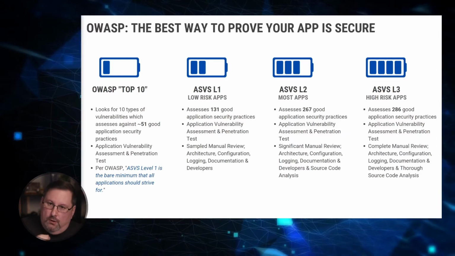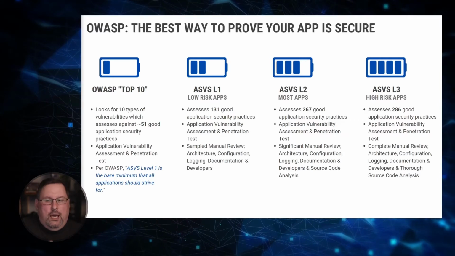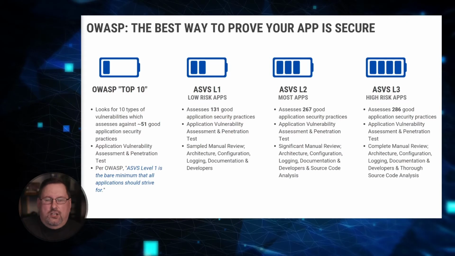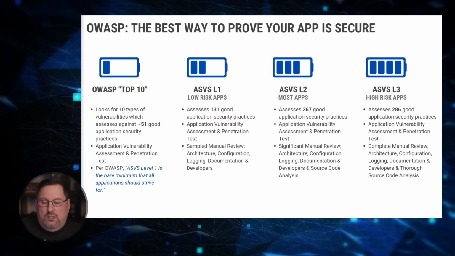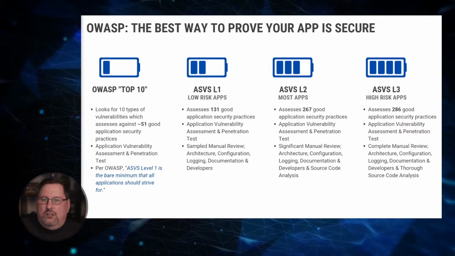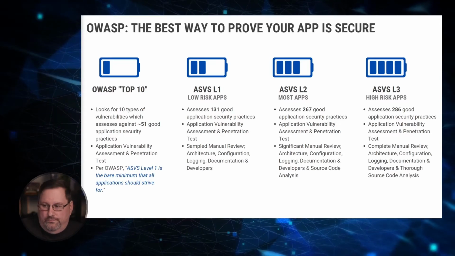But more importantly, and the key component to this is that not only are you going to be looking at your configuration, logging, architecture, documentation, you're also going to start looking at the source code. So you're going to be doing source code analysis to make sure that certain conditions are capable of being accomplished.